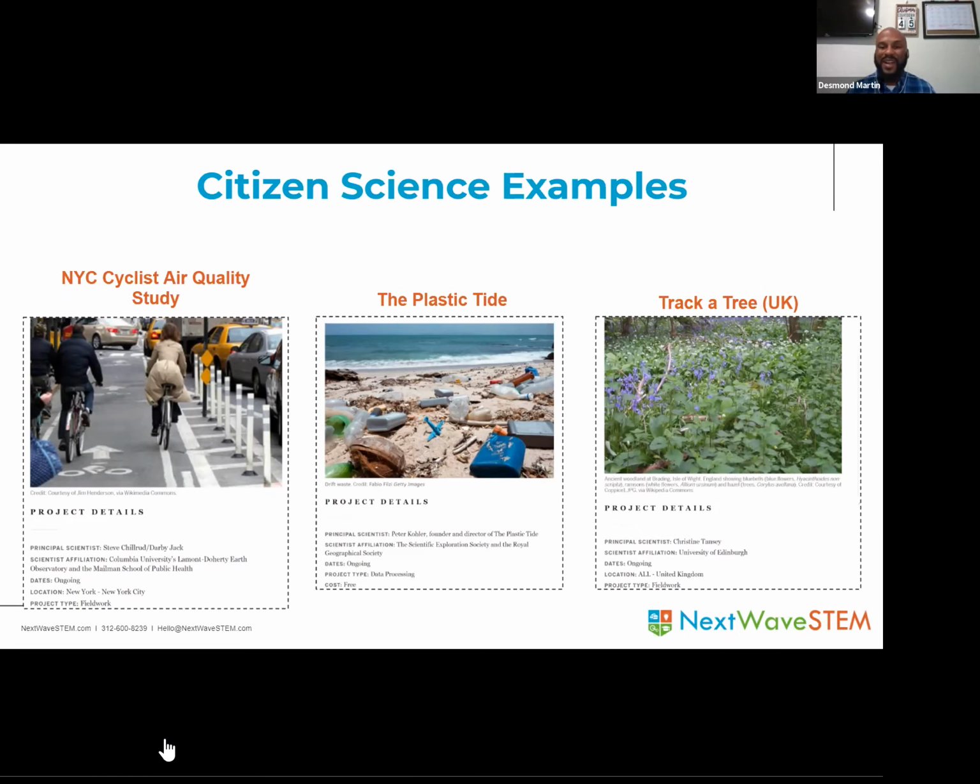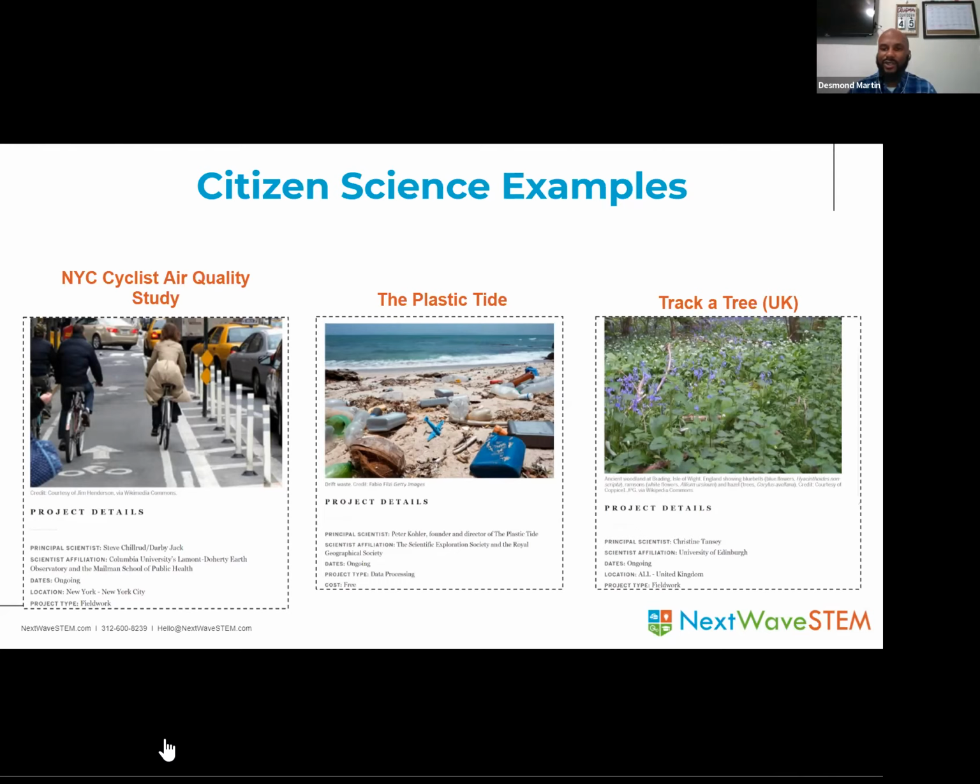But Plastic Tide allows students to get out in their environments, go down to the shore, go down to the lake, go down to the creek, and actually track how many pieces of plastic waste they find. Can we build really good qualitative data about how trash is moving through our ecosystem? That's something that students at a really, really young age are able to engage with.